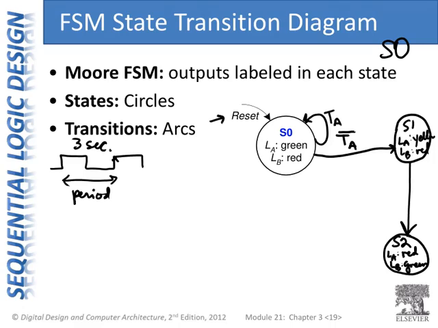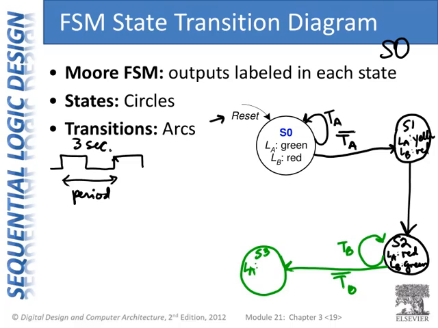And so we want to stay in this state as long as there's traffic on B. But as soon as there's no traffic on Bravado Boulevard, we want to transition to state S3. Again, we don't immediately want to go to giving LA the green light and LB red, just to avoid collisions.